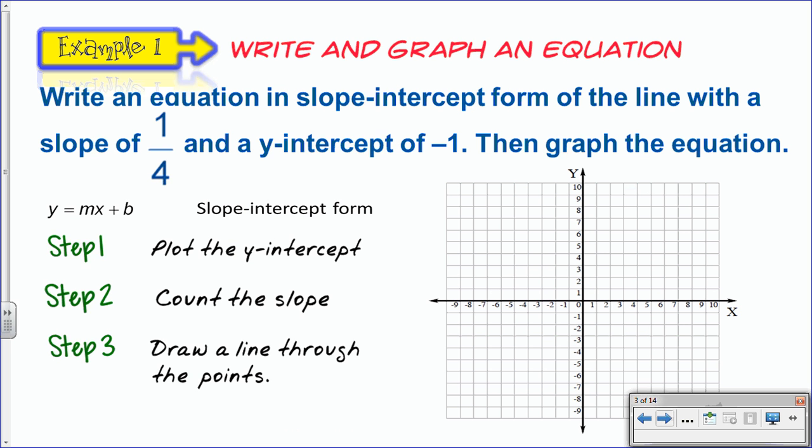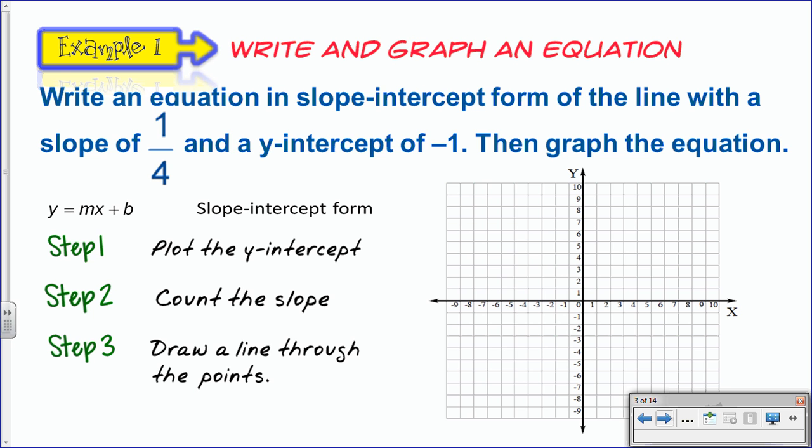First slide. Write an equation in slope-intercept form of a line with a slope of 1/4 and a y-intercept of -1, and then graph the equation. Now this to me is probably the simplest of the 3 methods, because you just got to plug in information. I'll start out with slope-intercept form, which is y equals mx plus b, and then start plugging. Do I put anything in for y here?